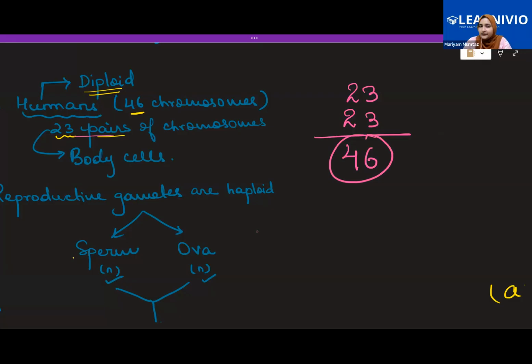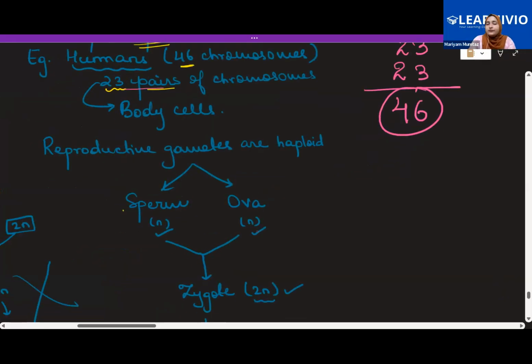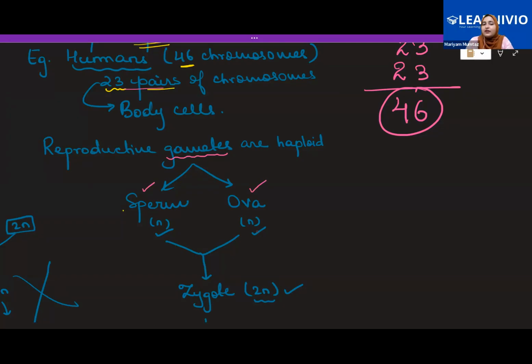So we are diploid. Always remember the gametes, whether male or female, will always have half the number of chromosomes, meaning they will be haploid. The gametes will always be haploid. The normal body cells will be diploid. Clear? Any doubts?